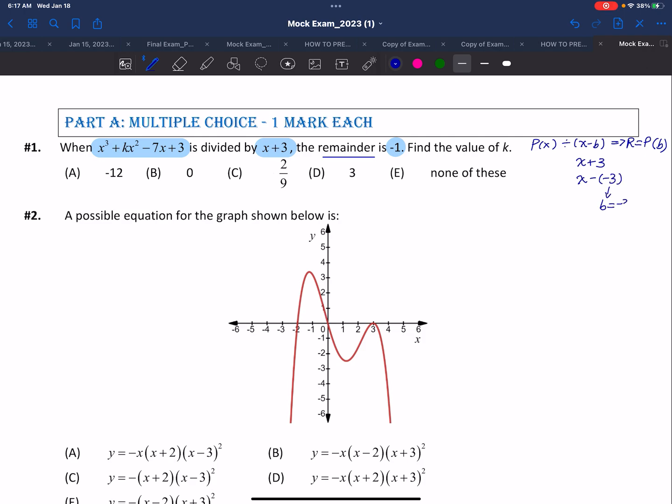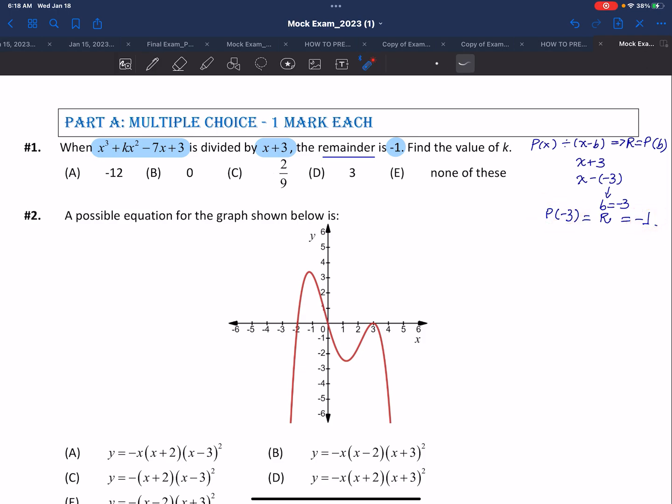So b is negative 3. So the polynomial then, at negative 3, has the same value as the remainder, which is given to be negative 1. So what that means is that we are going to use this fact. So we have to find the value of the polynomial at negative 3 and make it equal to negative 1.